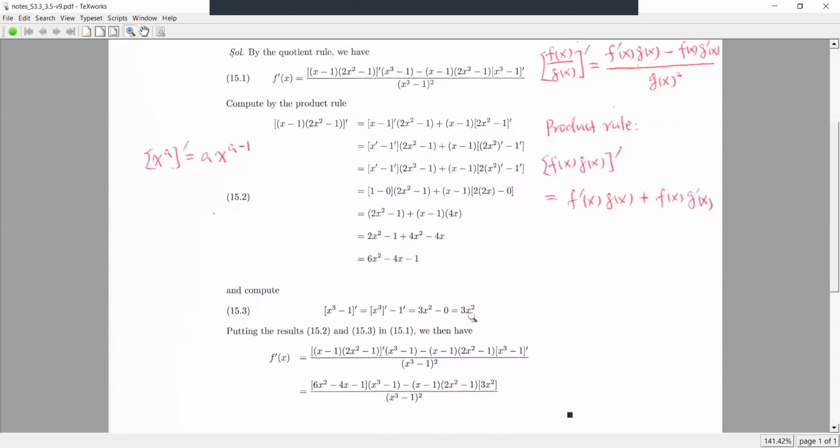Now, put this result here and put this result here. Then derivative of the function f is this quotient. Because this example doesn't require us to simplify our result, we can stop here. This is the answer to this example.